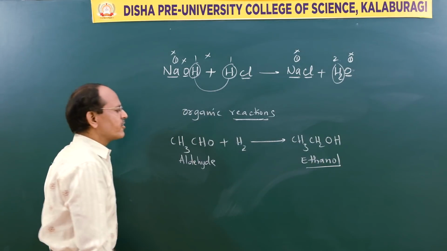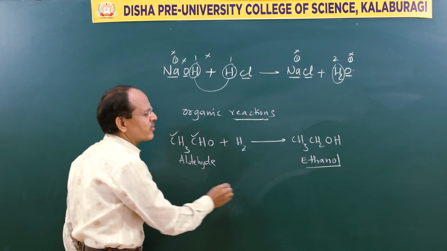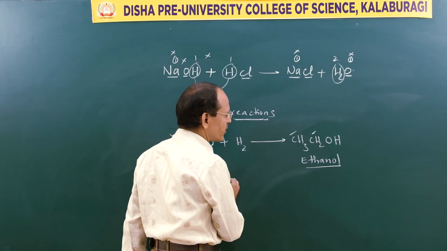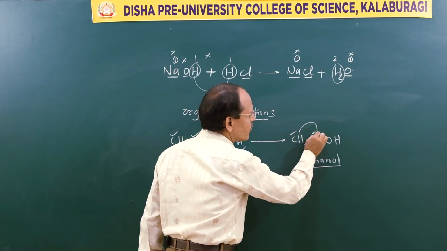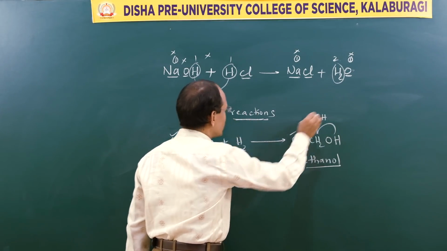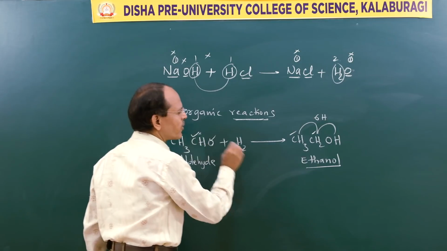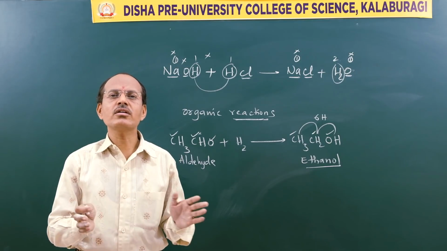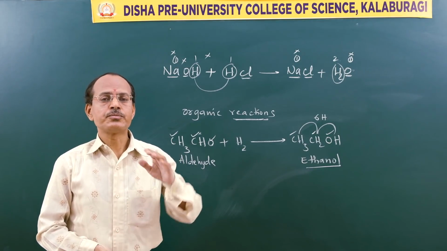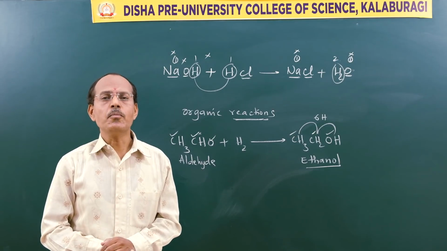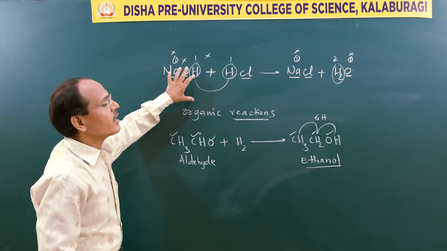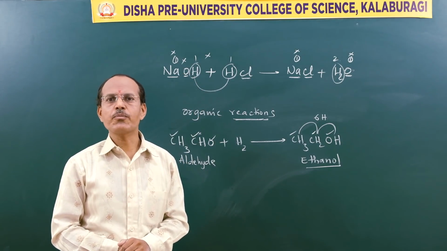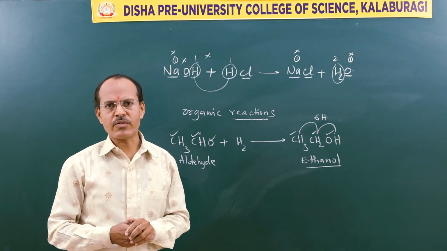So from a balancing point of view, 2 carbon atoms, 4 hydrogens plus 2, 6 hydrogens. 3 plus 2 is 5, 5 plus 1, 6 hydrogens. Hydrogen is also balanced, and oxygen too. That means organic reactions are molecular reactions, therefore automatically they are balanced. The problem is only with inorganic reactions, particularly salt based reactions. So that is one more important observation.